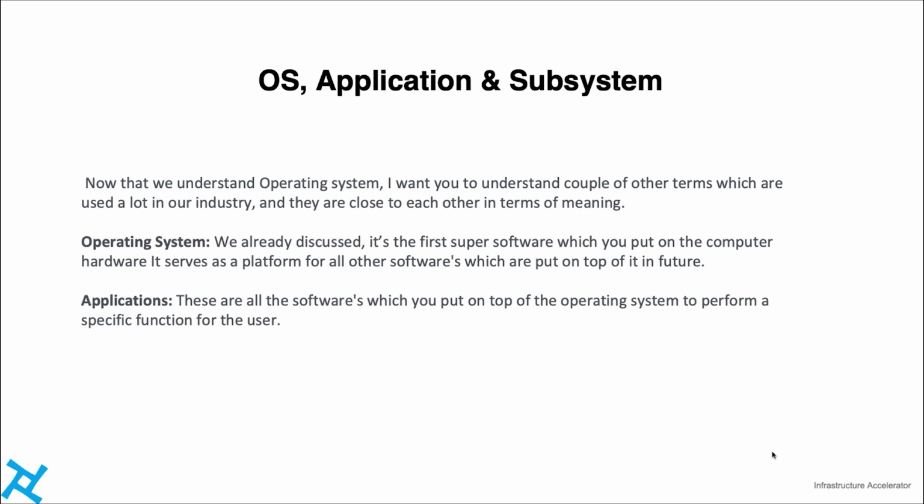These are the software which you put on top of an operating system to perform a specific function for the user. Application examples could be Adobe Acrobat, or AutoCAD, or Microsoft Office Suite. There are so many applications available. So those are applications.